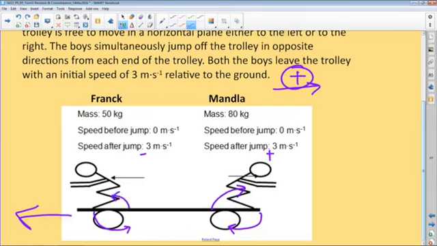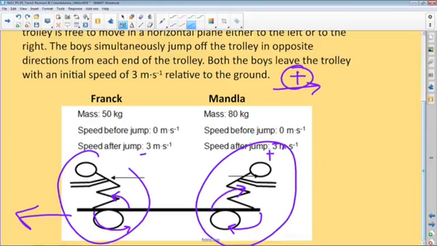Now we've got to consider the fact that it's going to the left. That must mean that the force that Mandla is exerting is bigger than the force that Frank is exerting. And that has to do with this change in momentum. Mandla is going to experience a greater change in momentum. He's got a bigger mass.